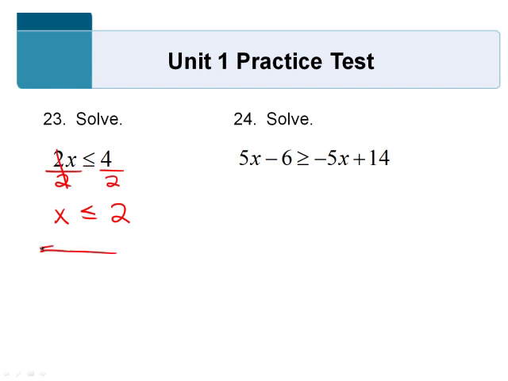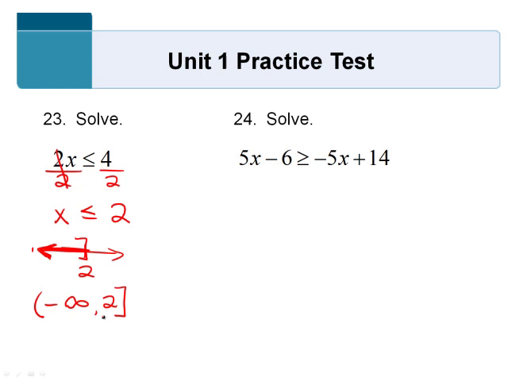Now, if we want to look at that on a number line, here's 2. So x is less than or equal to that, so we're going to shade to the left. And then because of the equal to sign, it's going to be a bracket. So remember, it's the interval starting way back here at negative infinity, comes up to 2 with a bracket. So that would be your interval notation.